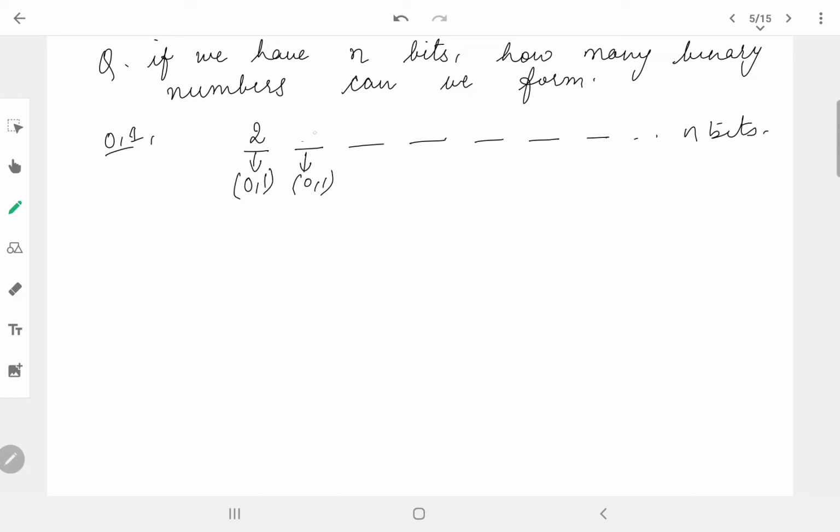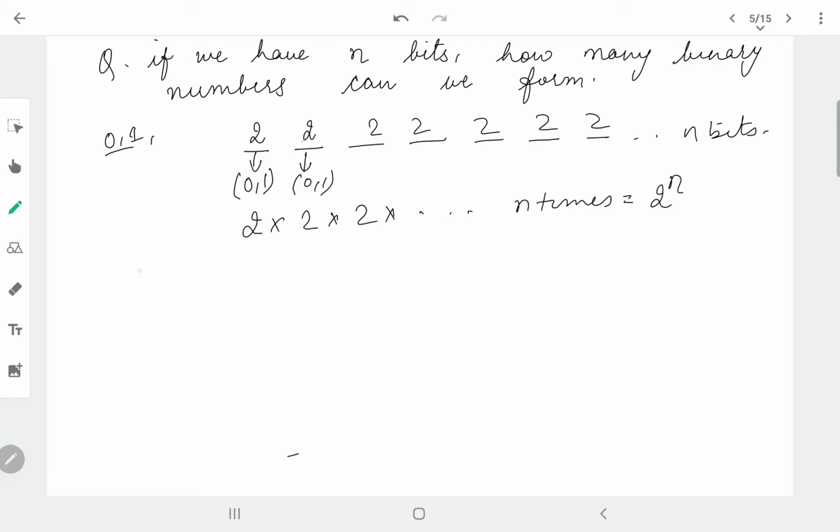For the second bit also it can be filled by 0 or by 1. So for all the bits we have two options. So the total numbers formed will be 2 into 2 into 2, till n times, that will be equal to 2 to the power n.